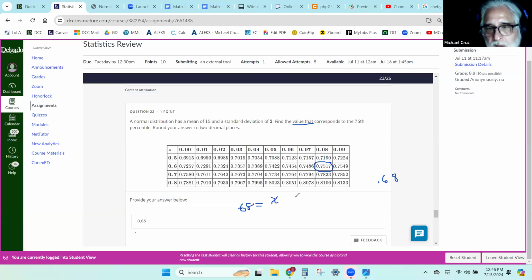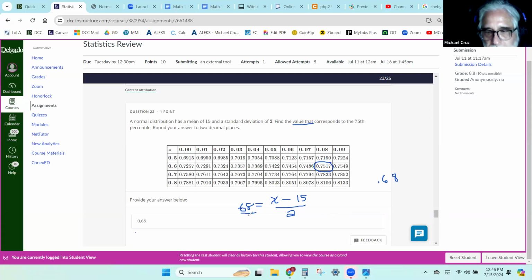So we want to find the value that corresponds. That's the z-score that corresponds. But if we want to find out whatever this is, if it's some kind of a test, then what would be the score on that particular test?